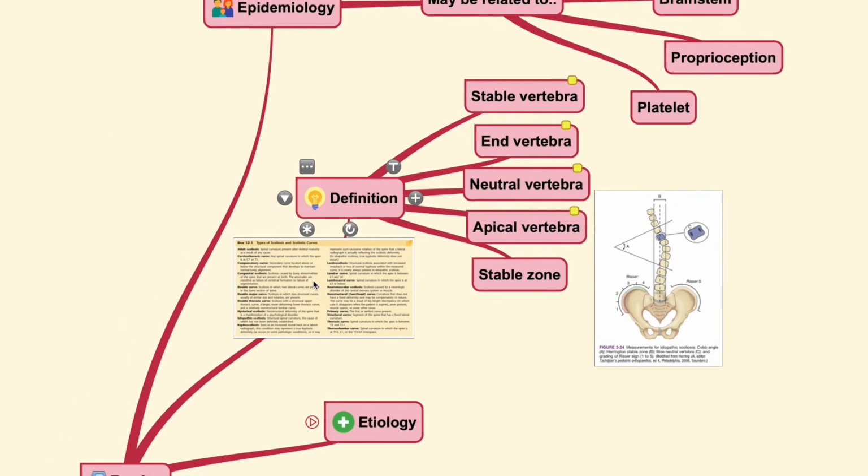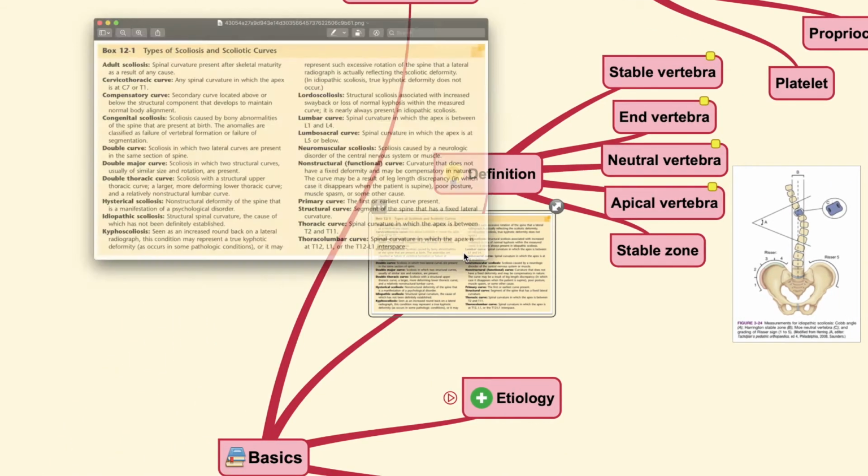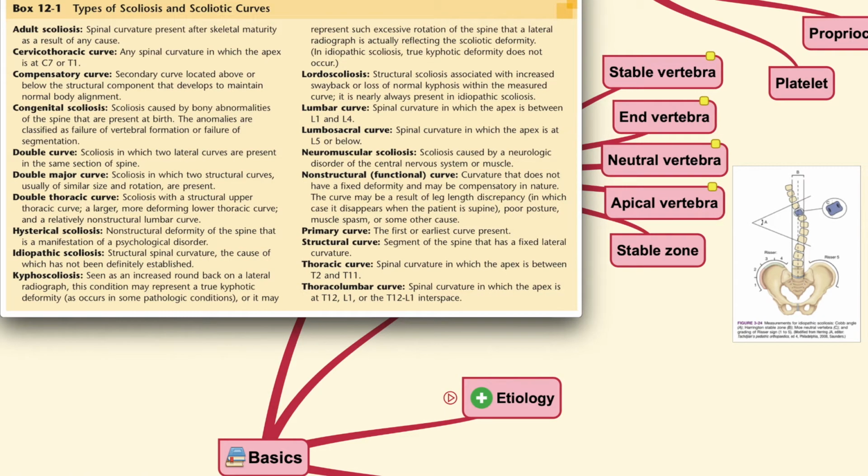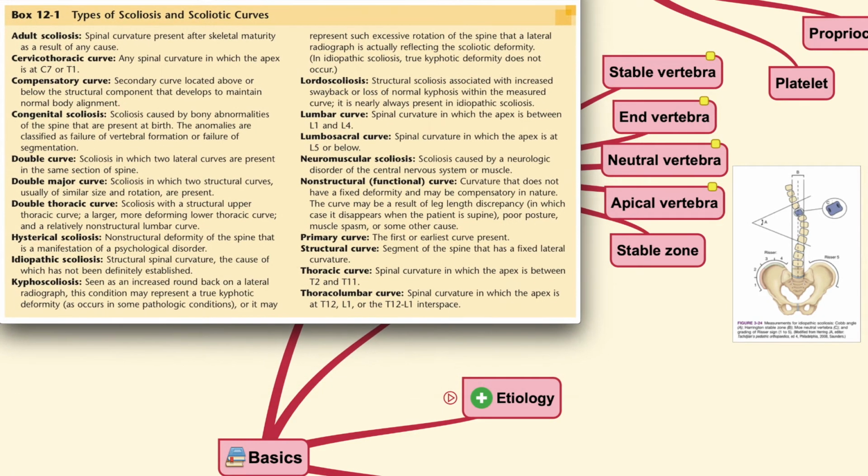Now, per definition, adolescent idiopathic scoliosis is a scoliosis or a spinal curvature that occurs in the adolescent age population, and the cause of which has not been identified.